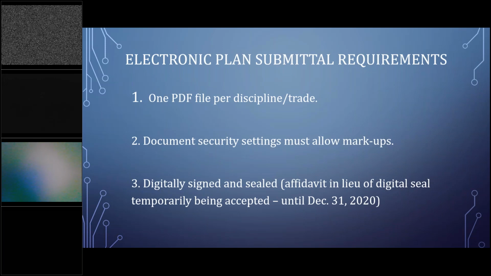Your electrical sheets would be in another PDF file, your mechanical sheets in another PDF file, so on and so forth. And I'll go a little bit more into that in the following slides. The second thing we look for is that the document security settings allow for markup. And the third thing we look for is the digital sign and seal.